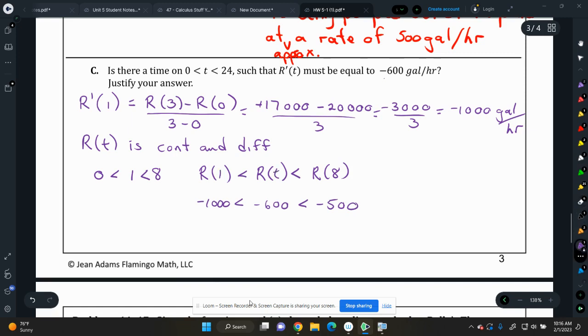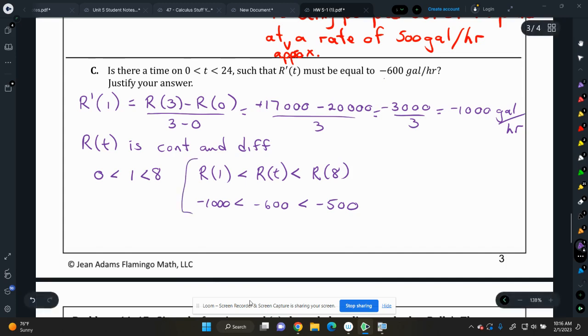There we go. Okay. So we want to show that the t that we found is going to sandwich that negative 600, right? We want to show that that negative 600 is between the ones that we found on both ends, right? So we want to show this right here.